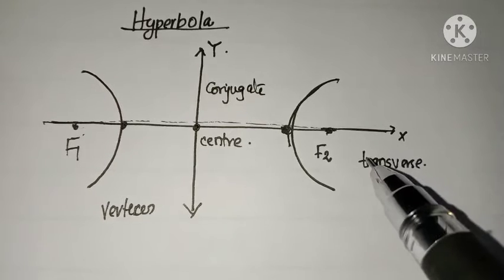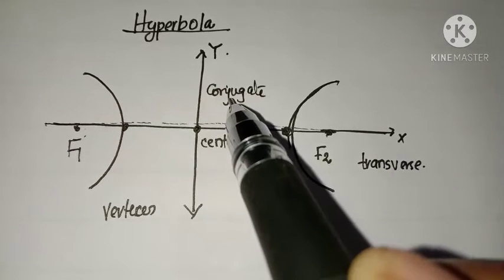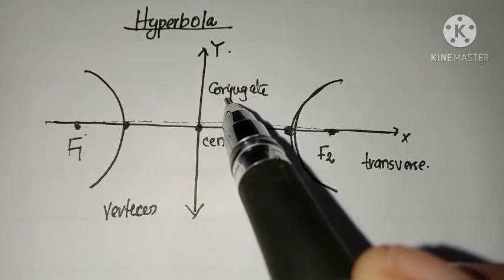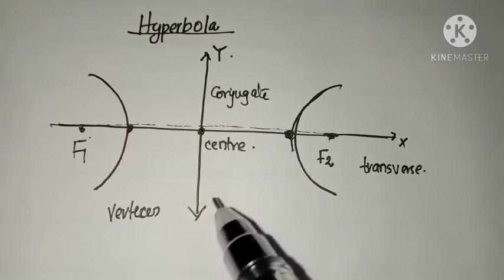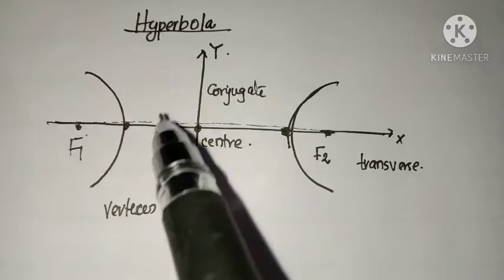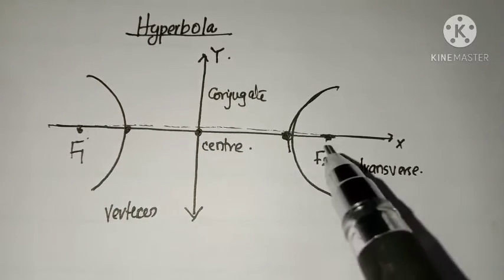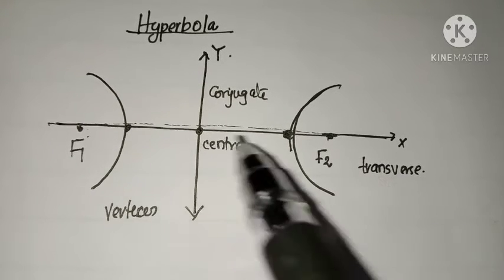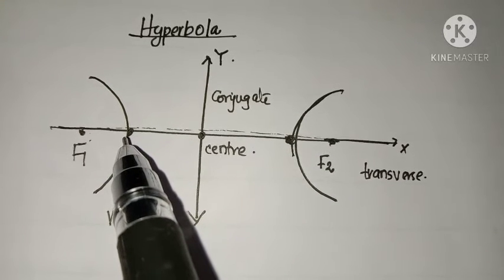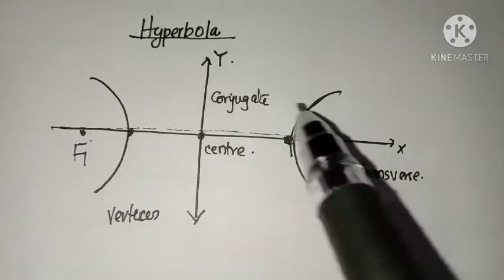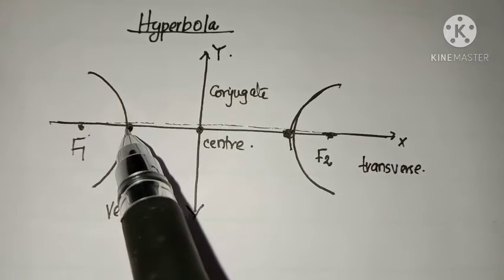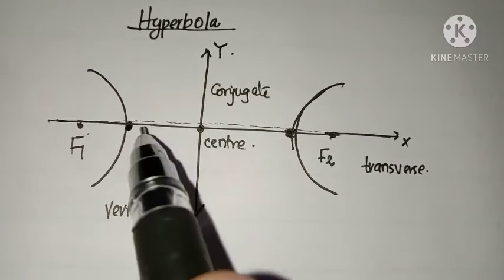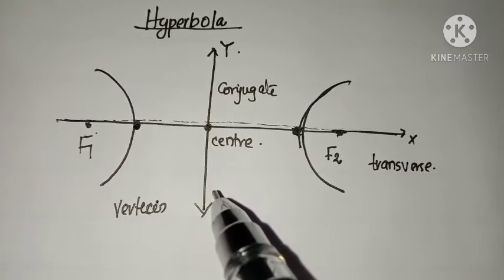So listen, transverse axis and conjugate axis. Now listen, the points at which this hyperbola intersects the transverse axis, what are these points? These are the points we already defined. These points are known as vertices.